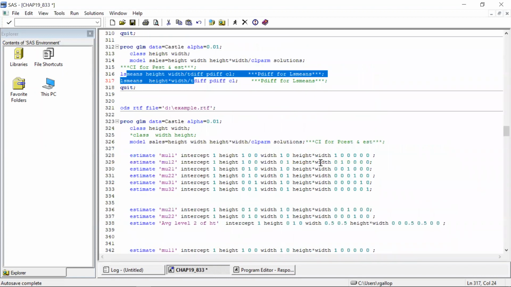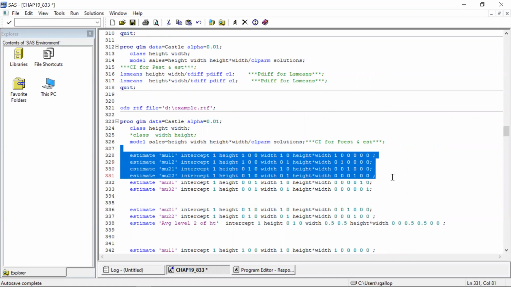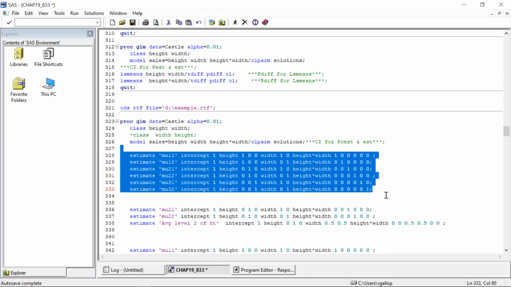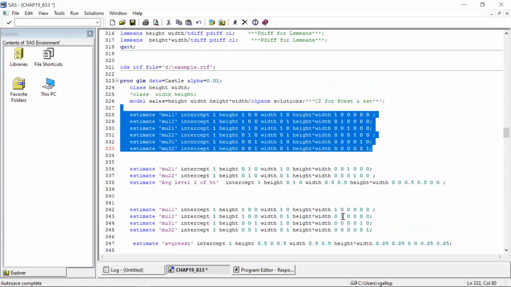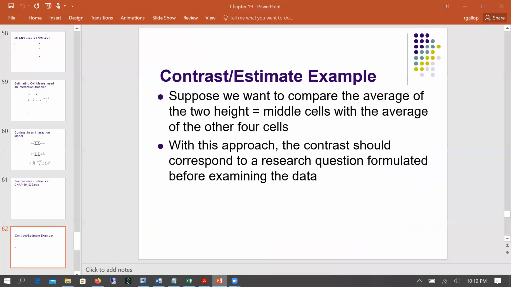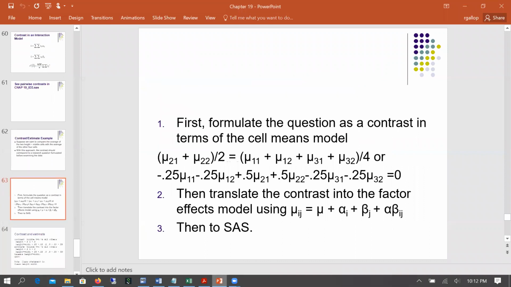Then with these estimates to create the contrast, it's getting the respective terms and adding or subtracting coordinate-wise, whatever you're doing mathematically. That's what we need to think about. So again, we just did that. And for us, the estimate statement did it for us.